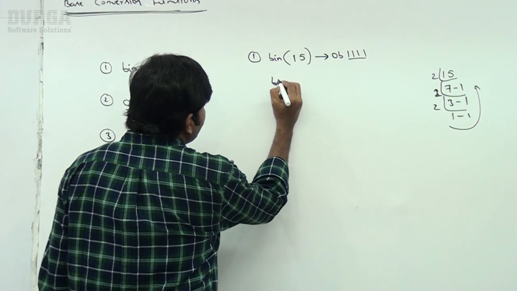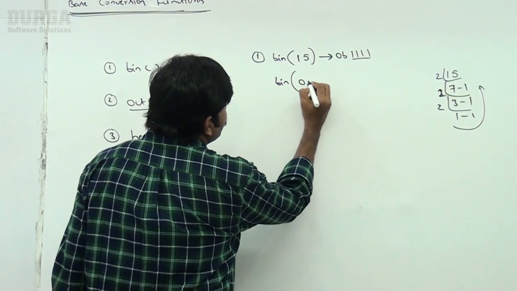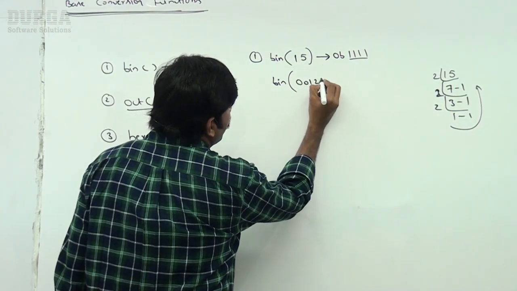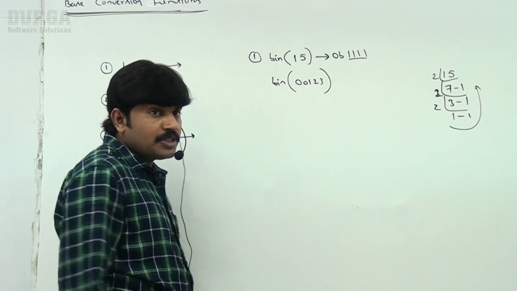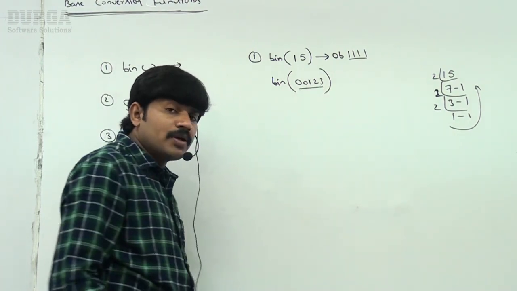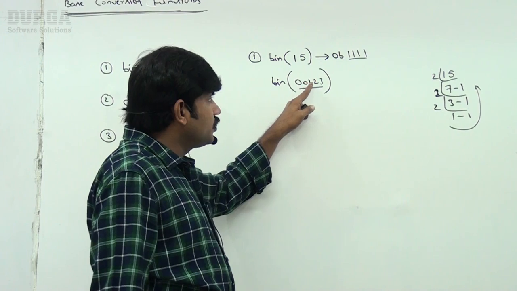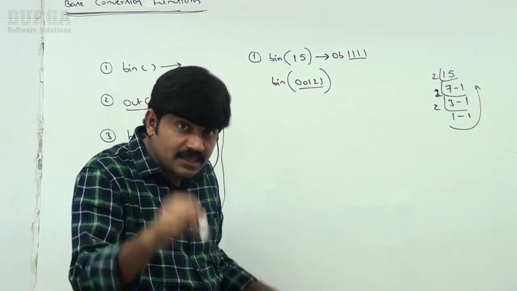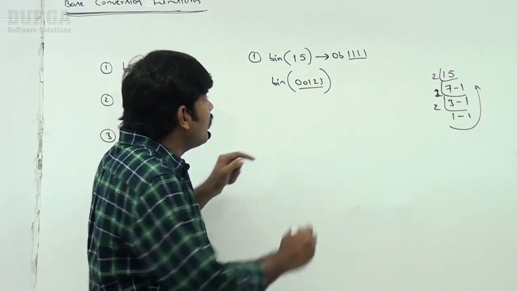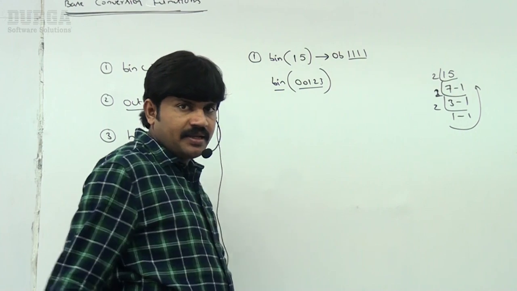Similarly, I have 0o123. Can you please spell out 0o123? What is this? It is an octal number. I want to convert this octal number to binary.